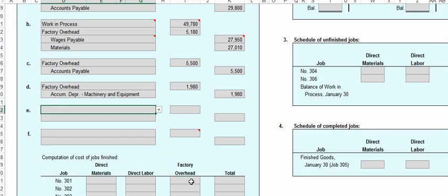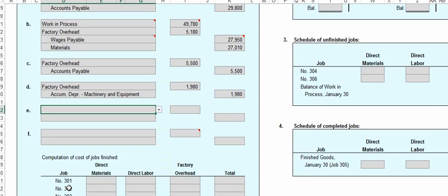But some of these overhead costs, like electricity, the water bill on the plant, we're not going to know as soon as job 301 is completed. So we estimate them and include them in this overhead rate. That way we can determine the cost of a job as soon as it's completed, go ahead and set the sales price and sell it.